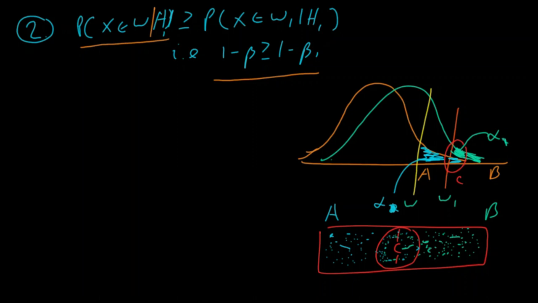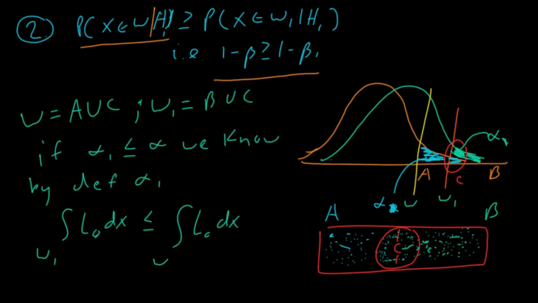Okay? And so we can see through a little bit of set theory that W is equal to A union C, and W1 is equal to B union C by definition. If alpha 1 is less than alpha, we know by definition of alpha 1 that the integral of L naught across W1 dx is less than or equal to the integral of L naught across W dx, which can then imply that we can substitute B union C in place of W1, and A union C in place of W across these integrals.